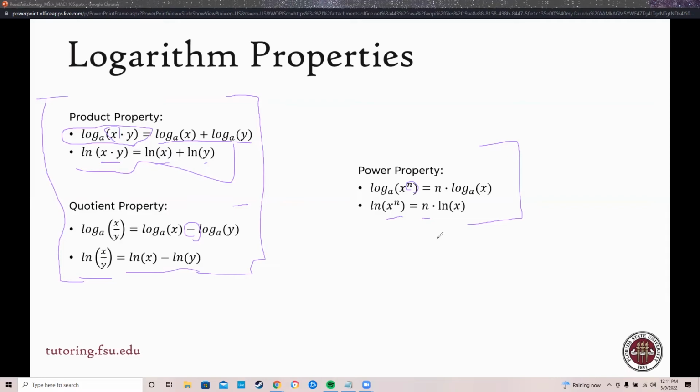The reason I say this can become a little bit more tricky is because sometimes you'll have inside functions that don't necessarily have exponents, but can be written in a way that they do. So like if the inside function was, let's say, log of 1 over x plus 5.